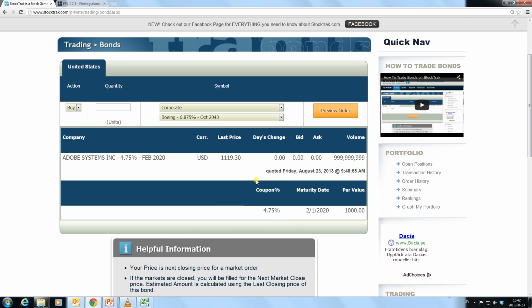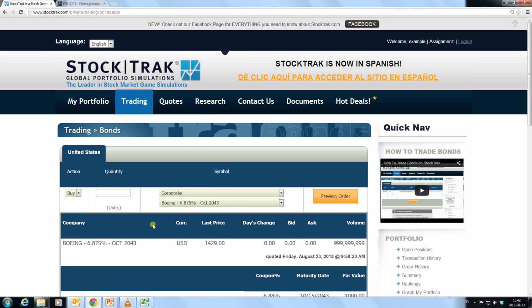So, I take this bond, I wait to see the price, and then I decide the quantity that I would like to buy from it. I'm going to assume that the price is above $1,000 because it probably has a par value of $1,000, and if that's the case, then I would like to buy 50. Okay, there we go.